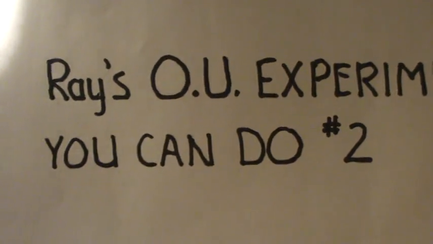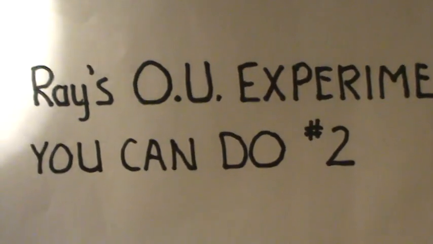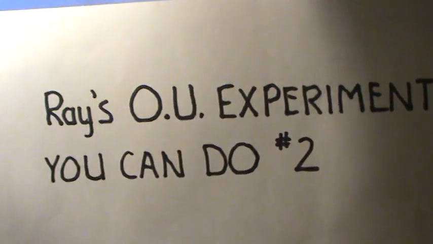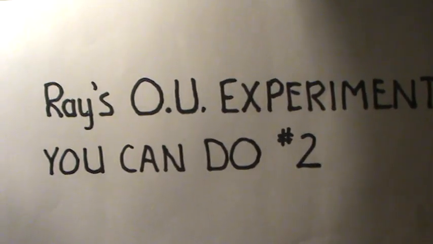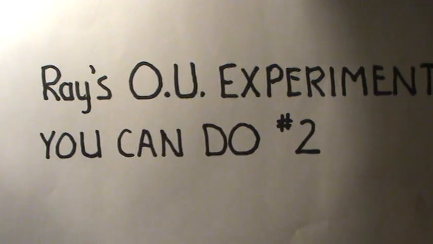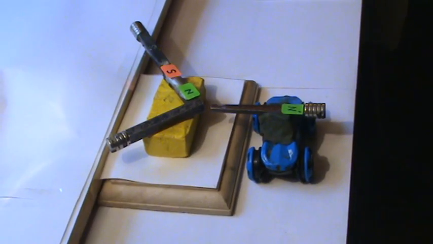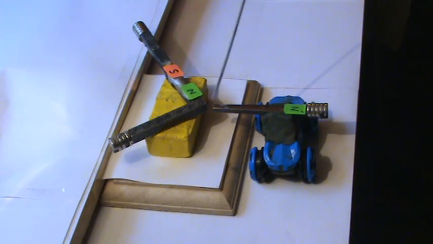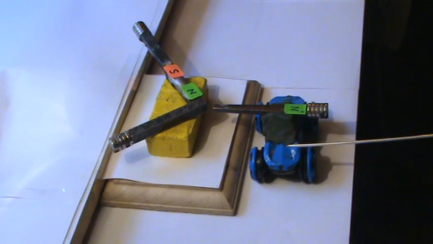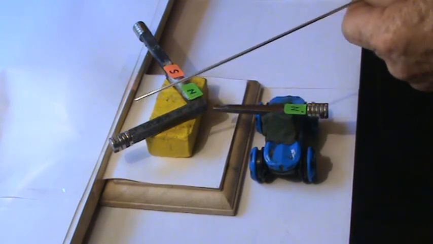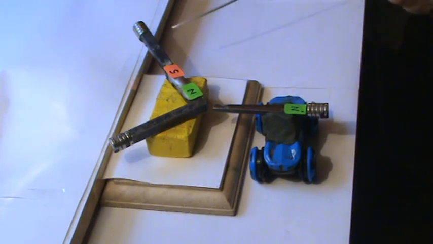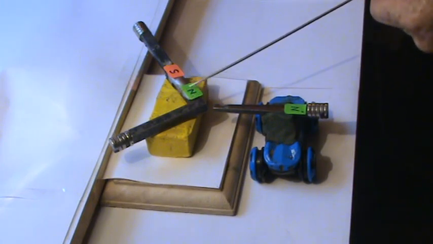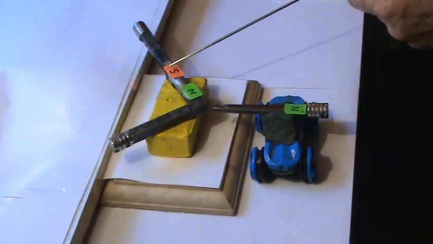This is Ray's OU, or over unity, experiment. I have a setup here and I'll show a diagram later, but this is my magnetic car. I have a north facing in and I have a bar at a 45-degree angle, and this is my north and my south.